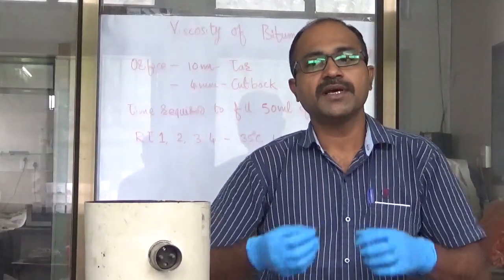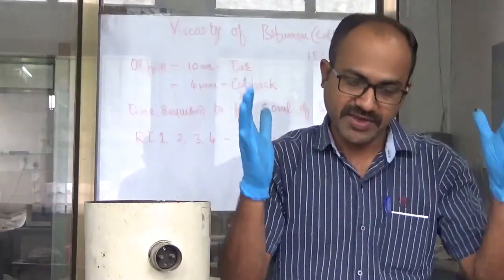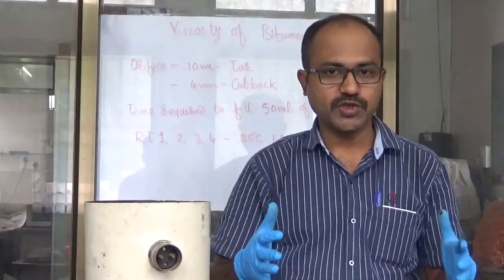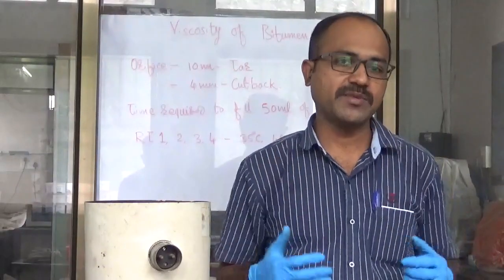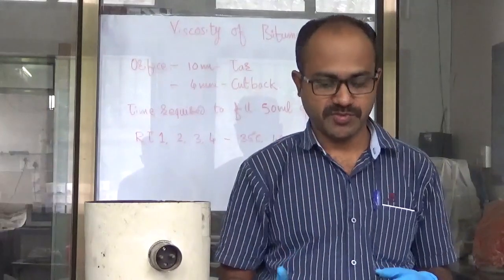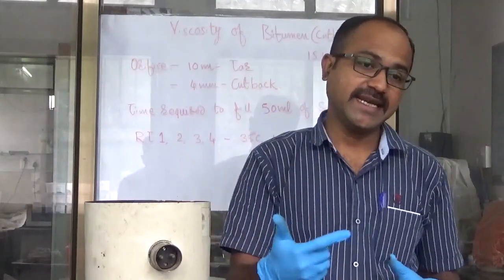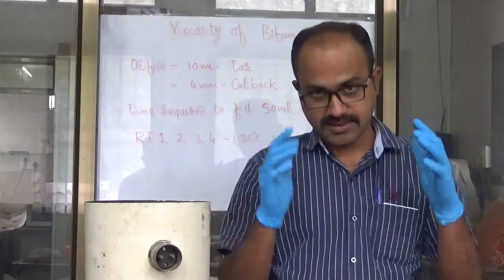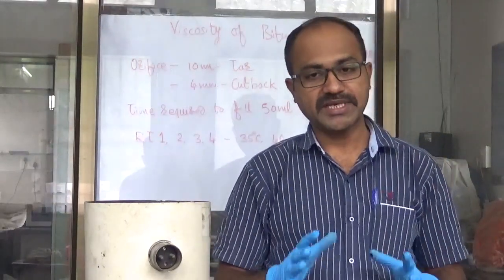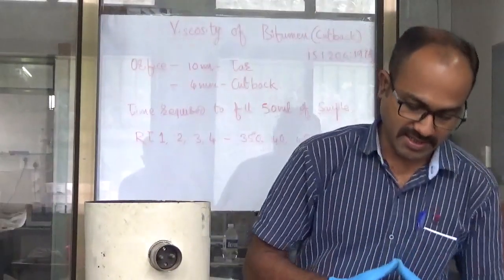Whenever we are doing any job, depending upon the requirement of the job, the particular sample needs to be used, and to decide that sample, we need to determine the viscosity of the cutback or tar sample.